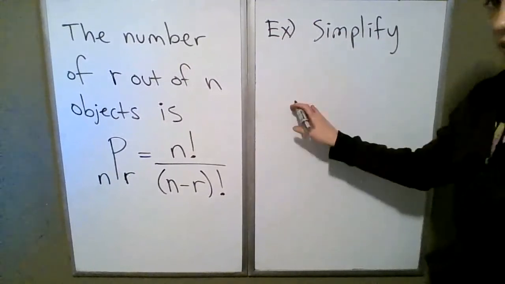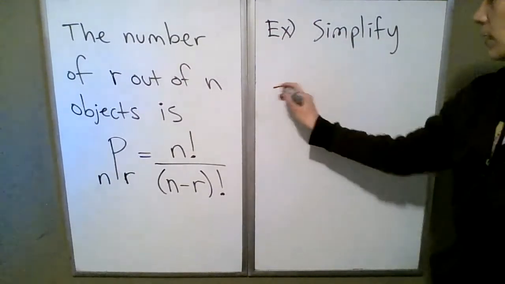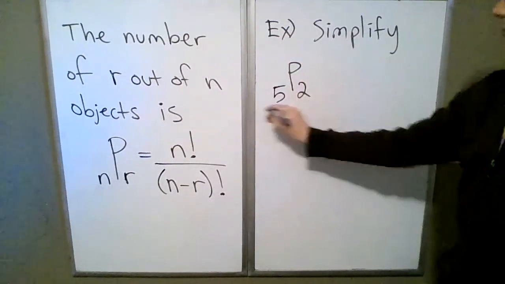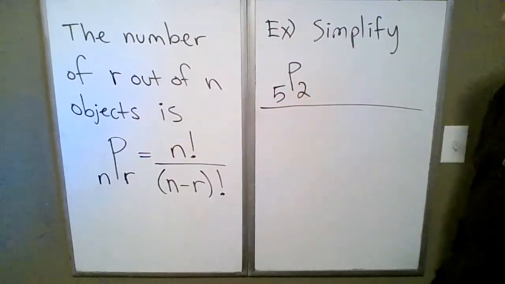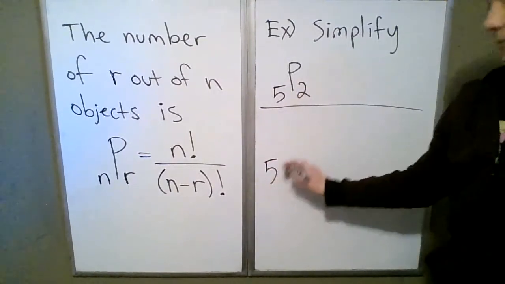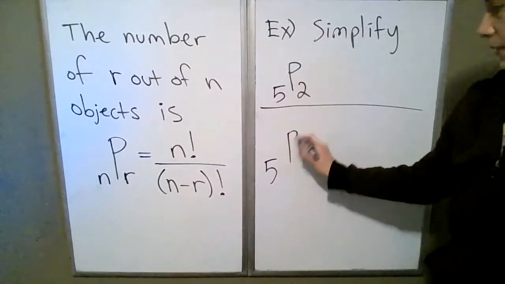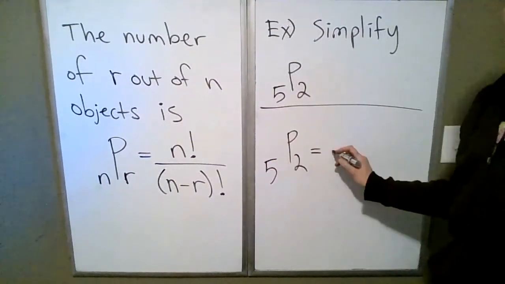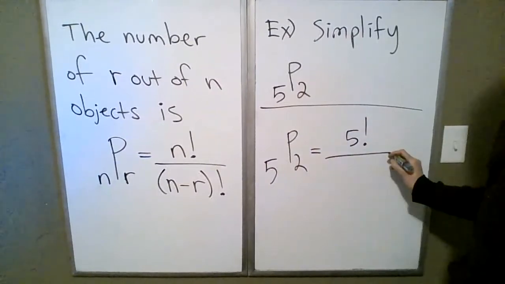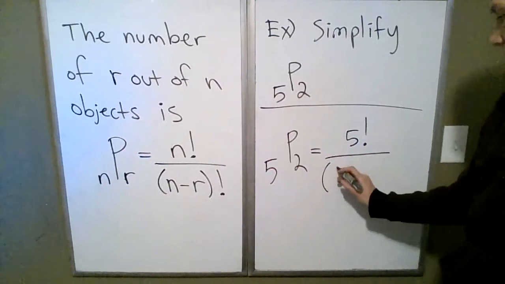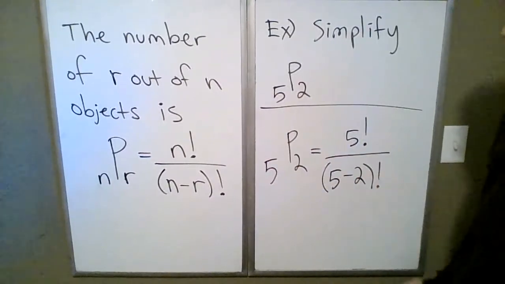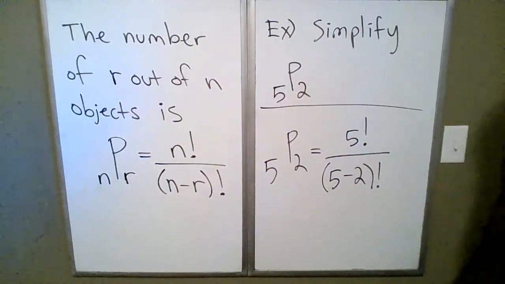It says 5 permute 2. Five permute 2 is 5 factorial, divided by 5 minus 2 factorial. Then I've got 5 factorial over 3 factorial.